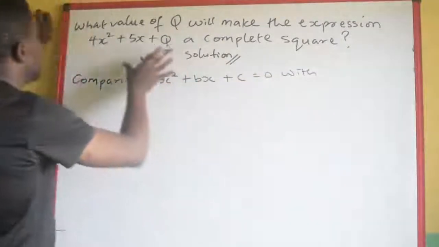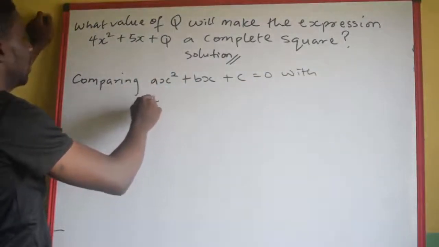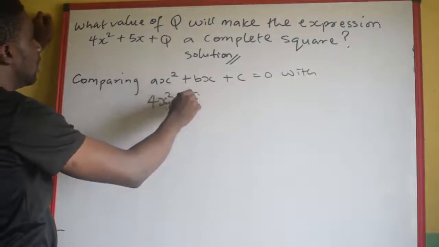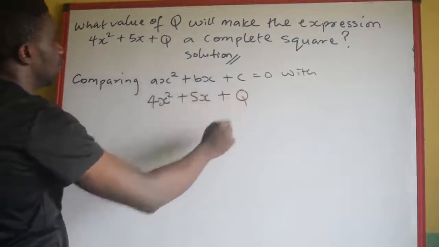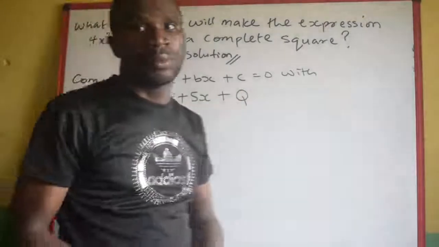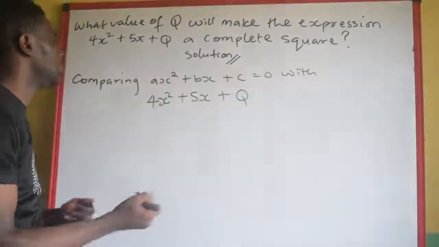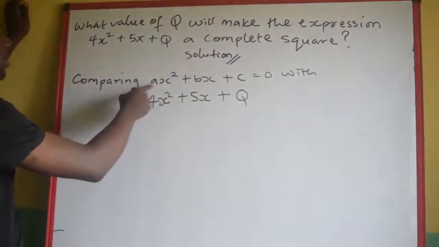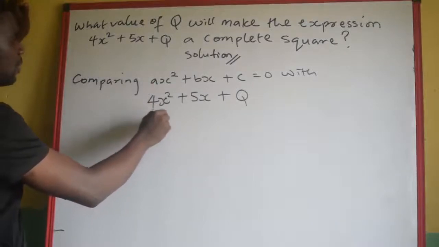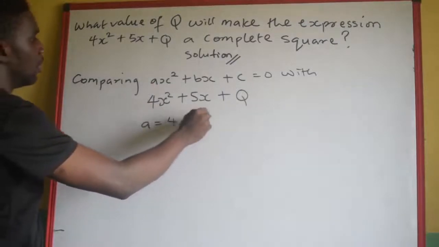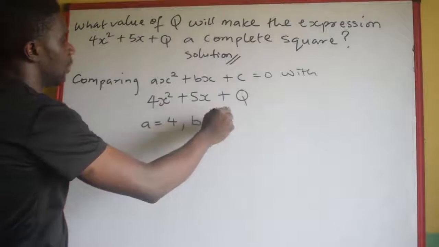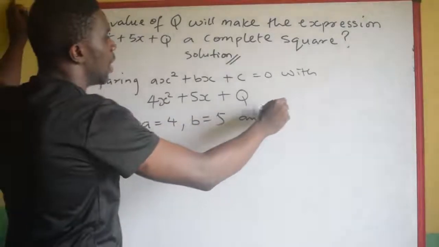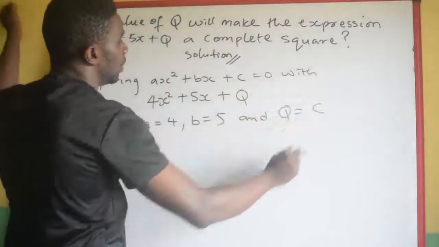You compare it with the given question. The question says 4x squared plus 5x plus q. This is what the question said. So here, a is 4, b is 5, and q is equal to c.